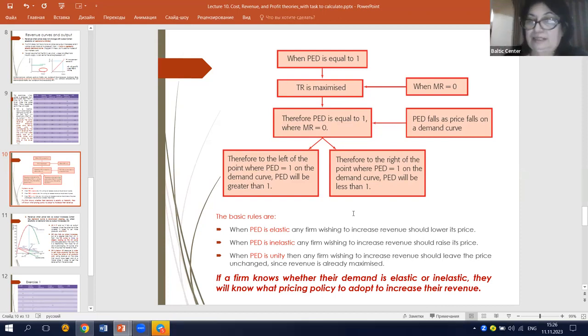Вы посмотрите, когда эластичен спрос, она старается что делать? Повысить доходы свои, занижая цены за счет оборота. So when PED is inelastic, any company wishing to increase revenue should raise its price. Вот когда они неэластичные, что они делают?